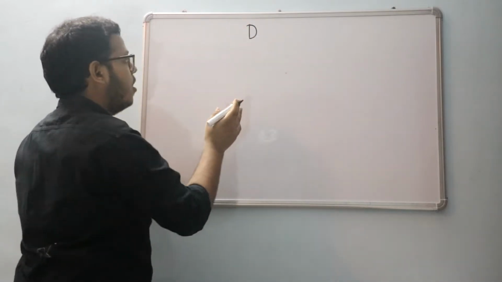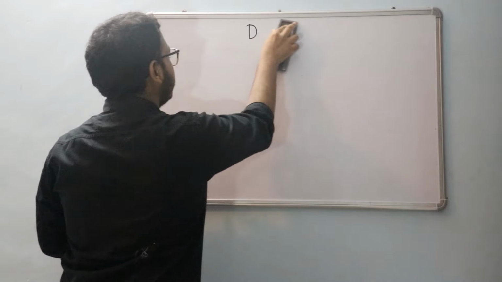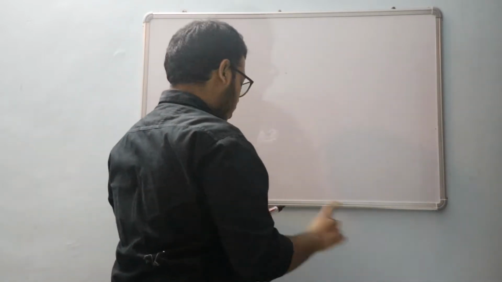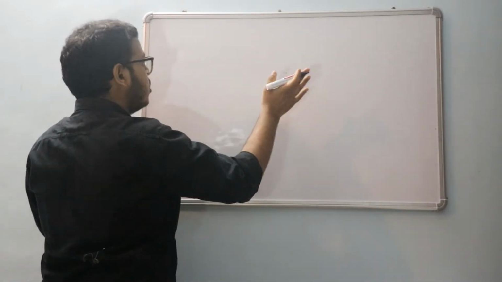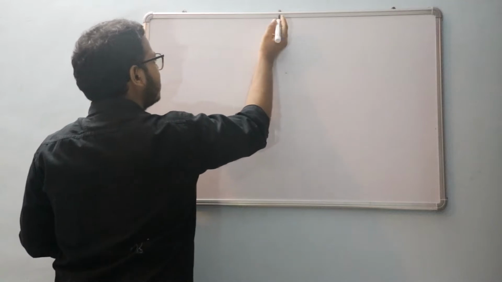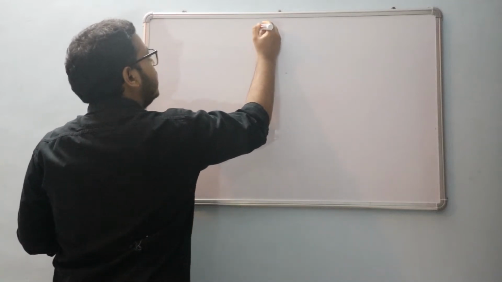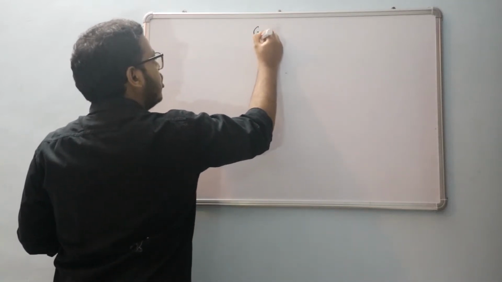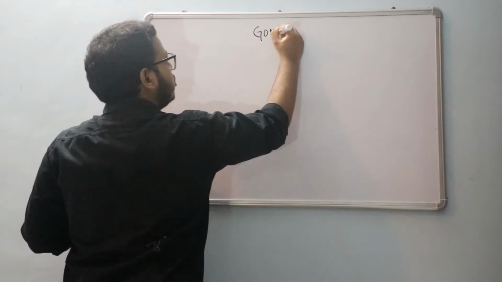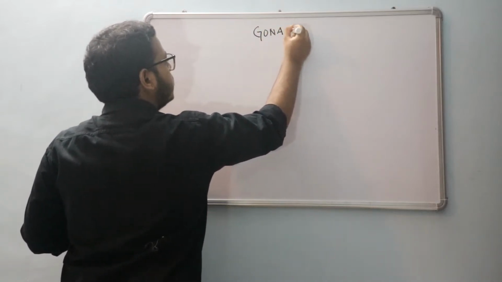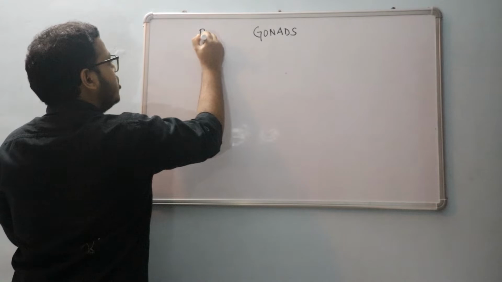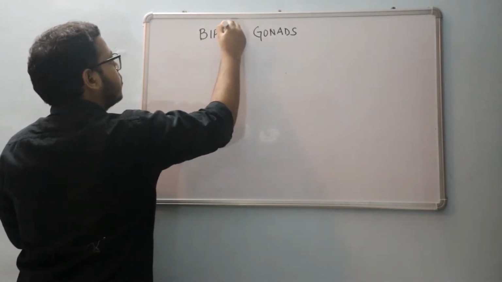So before we can start with the disorders of sexual differentiation, we will discuss the basics. The first point of the basics is that there is something known as the bipotential gonads.